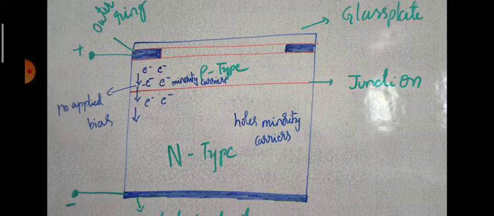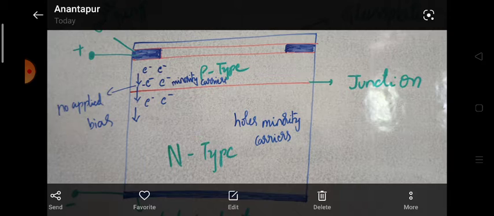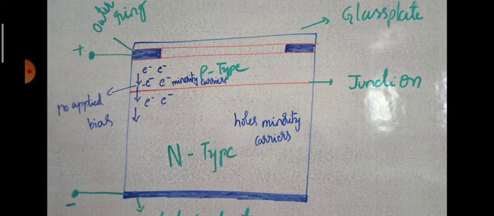The solar cell can be operated over a wide range of temperature. Solar cells are extensively used in space satellites, where there is no human being operating them in space, and these work for more than 10 years.